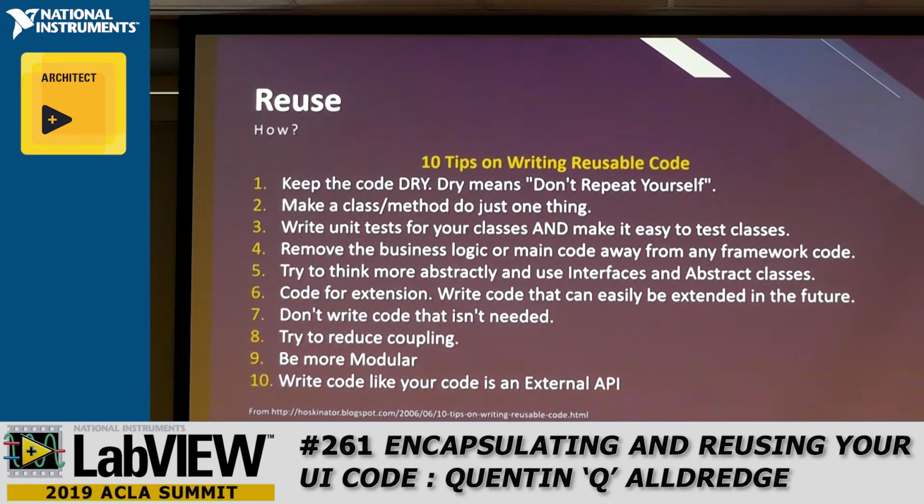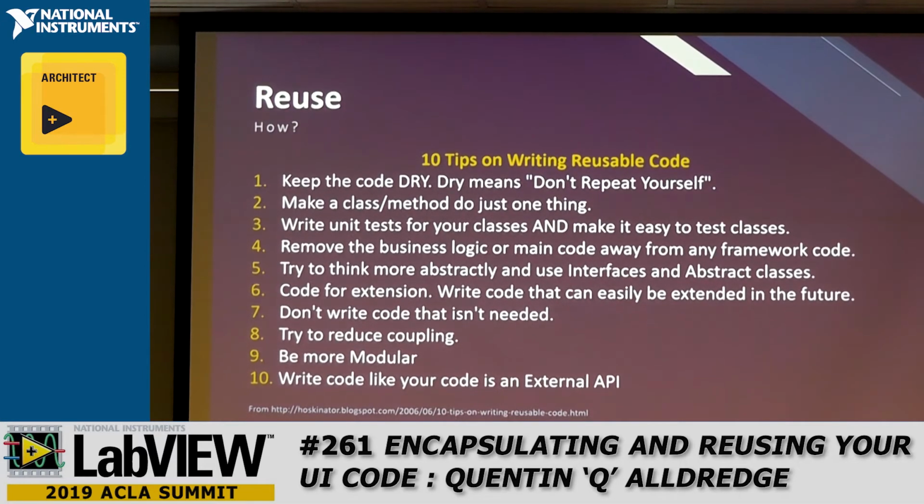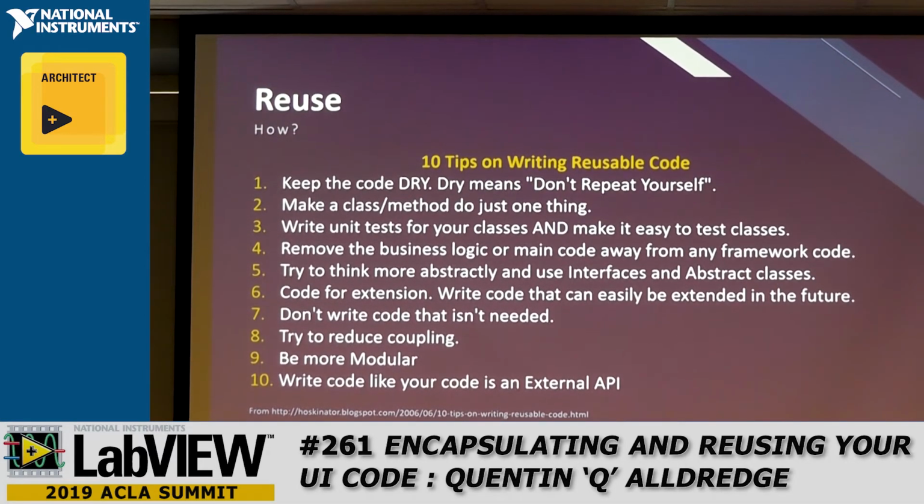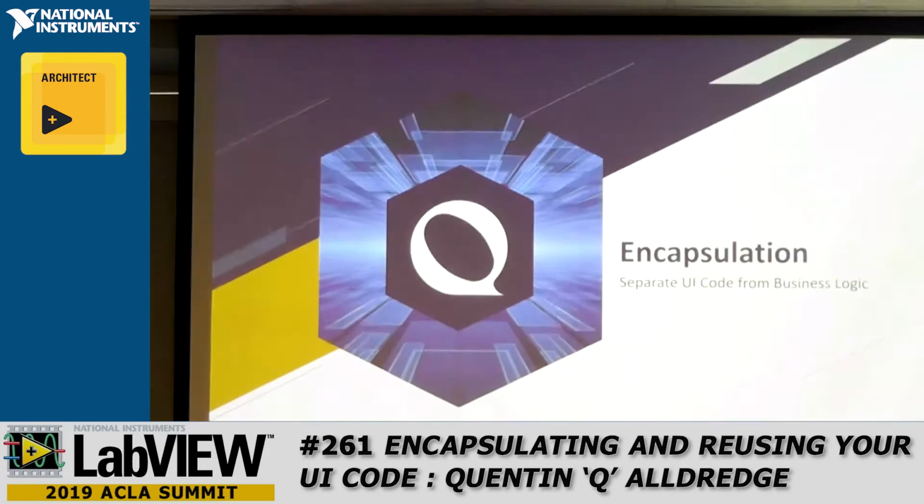I'm not going to talk through all of these, but I'll let you guys have a second if you want to picture it or whatever. I think this is a good set of guidelines. All right, y'all good? Okay, so that's how.